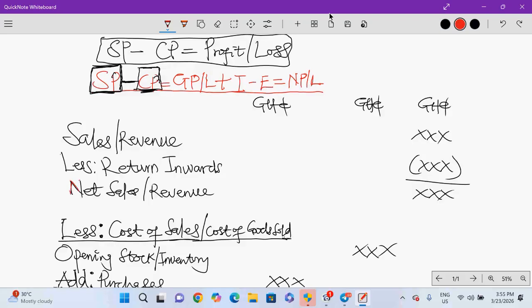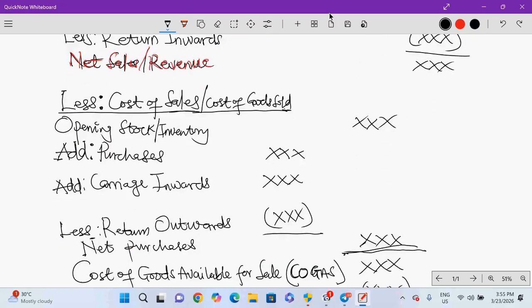Let me use a red pen for the net sales. So now SP minus CP, net sales minus the cost price. Here the cost price is the cost of sales.